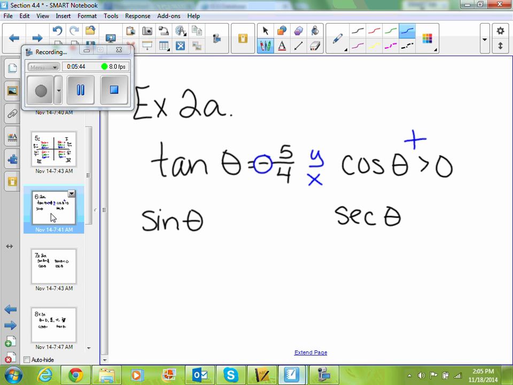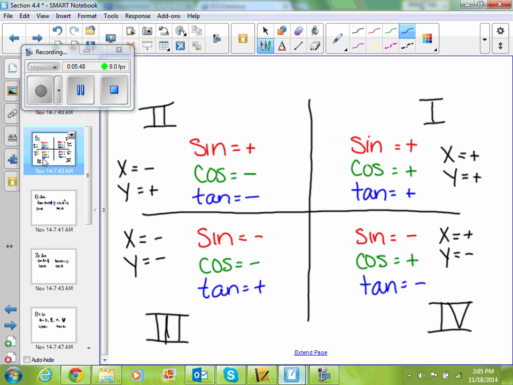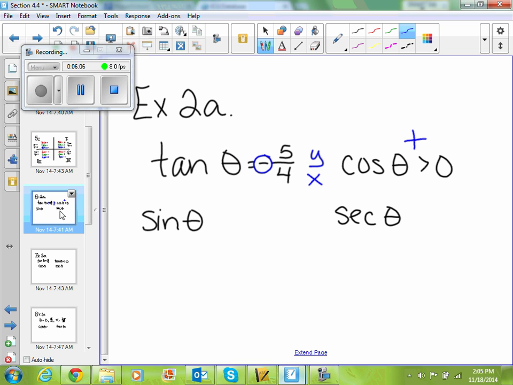So if I go back to my graph, I know that cosine is positive in quadrant 1 and quadrant 4. In quadrant 1, everything is positive, my x and y are positive. But in quadrant 4, my y is negative, x is positive. So I know that my y has to be my negative value. So if I use that information, y has to be the -5, and x is going to be the 4.